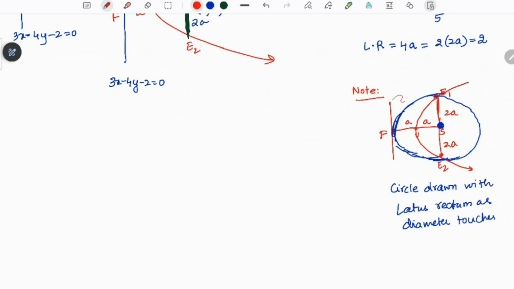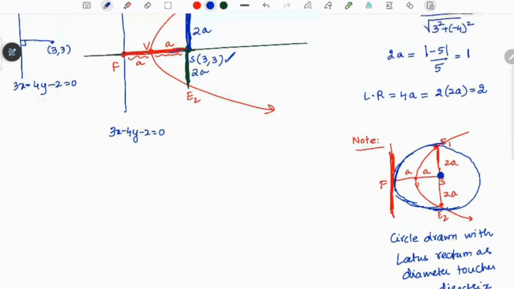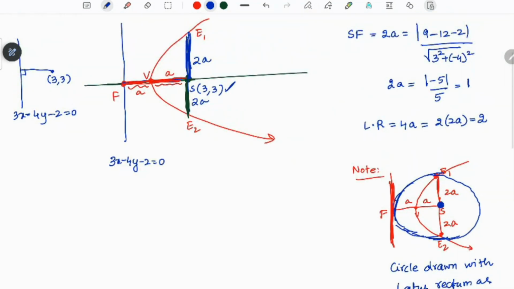What is the circle touching? The directrix. Right? This is one slight observation, because the distances SL1 to A, SF to A, SL2 also to A.